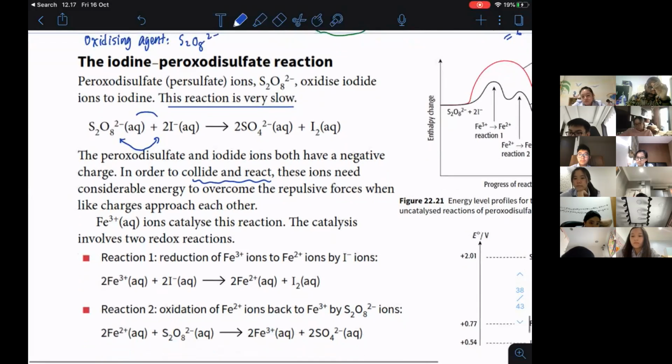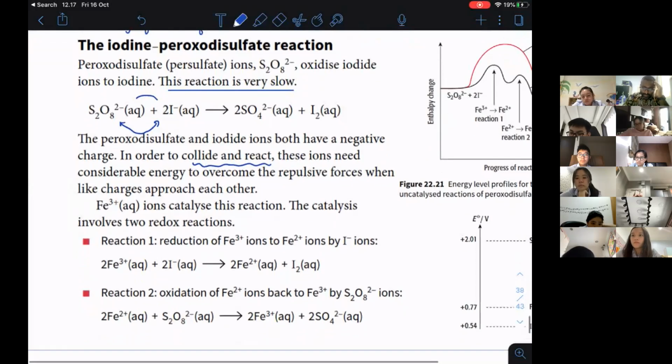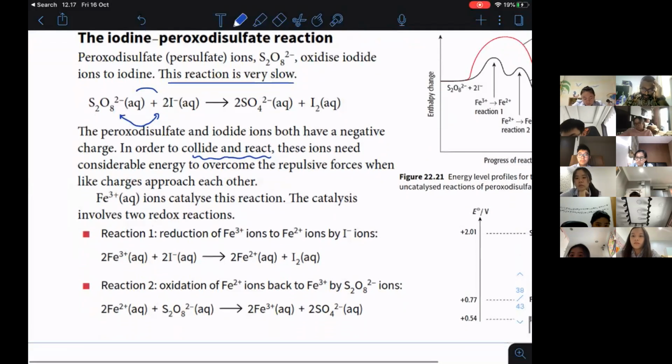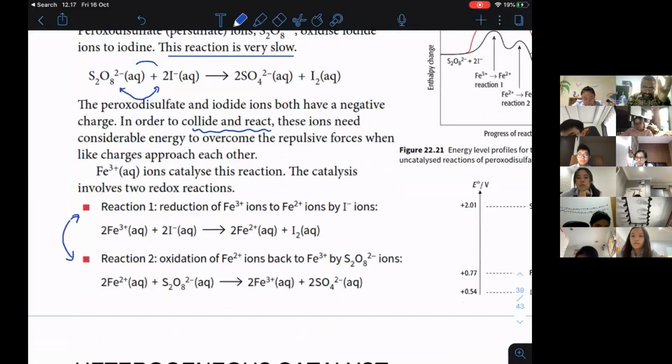And that energy comes from the reactions. There are two reactions that are going to happen. Instead of making them react directly, what we are going to do is use iron 3. This iron 3 will react with I minus.